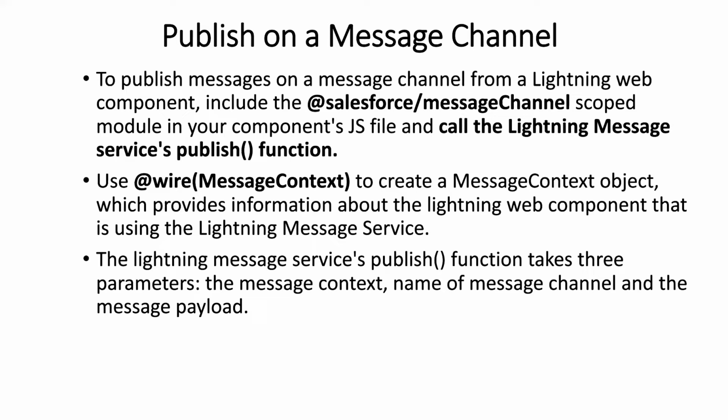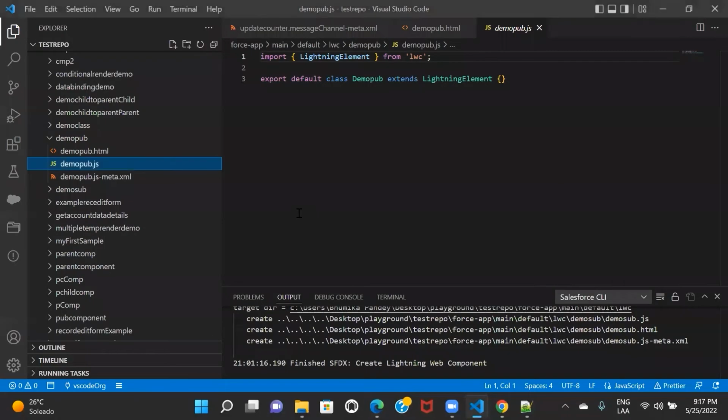You're passing 2, right? Where will that get stored? That will get stored in the message context. So we need that information in order to make the publish method work. Otherwise the message context will not have anything. Basically it needs the data. So these are the steps you would have to do. Now let's go back to the JavaScript file and start working on it. Here first, as I said, we would have to use the wire method.